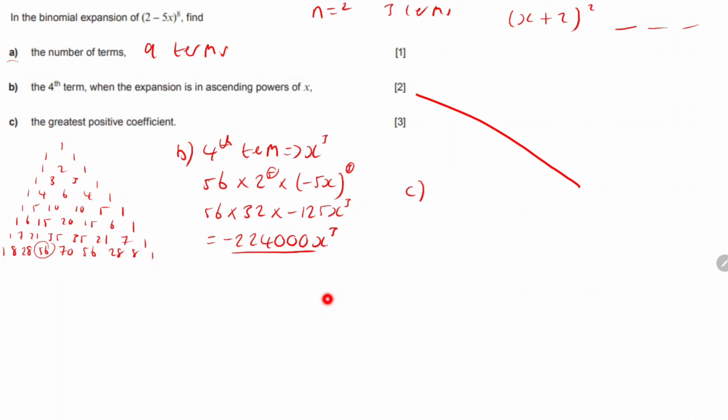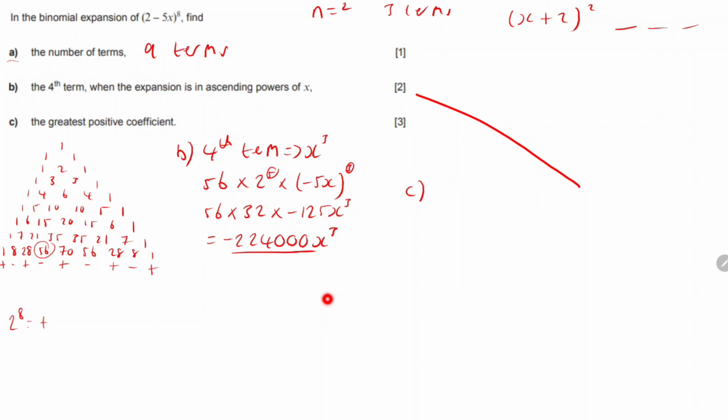We need to find the greatest positive coefficient. Now, if we look at the coefficients across the bottom of Pascal's triangle here, where we've got our 8 and our 9 terms, okay, what we just found out is that this fourth term is a negative one. The first term, remember, would just be 2 to the power of 8, so that would be a positive. So the pattern is there's going to be positive, negative, positive, negative, and so on, okay.